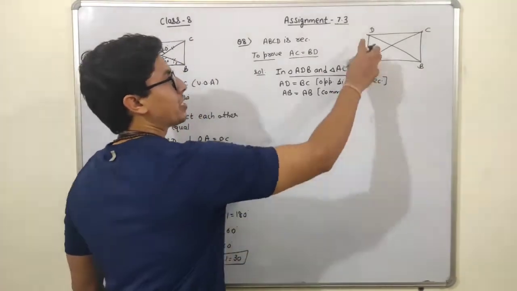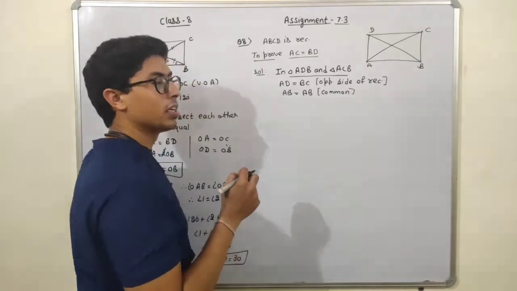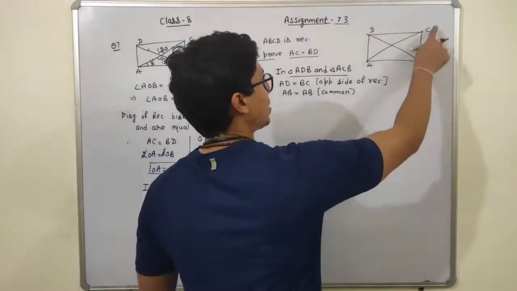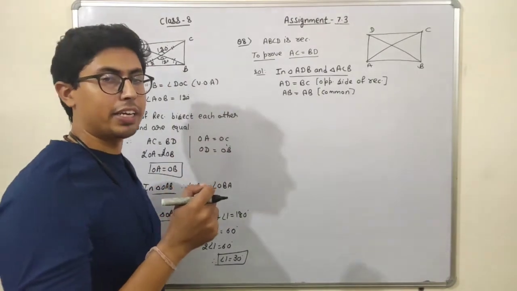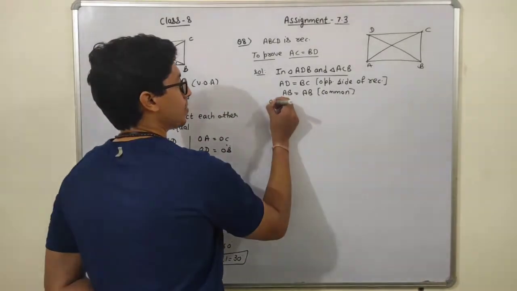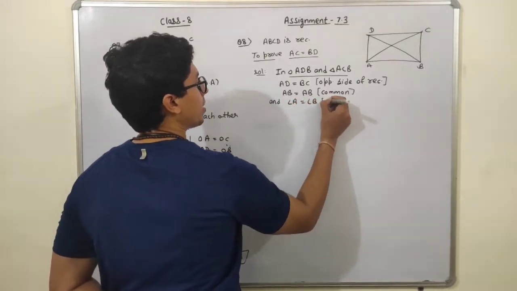Okay. And students, in triangle ADB, angle A is 90, and in triangle ABC, angle B is 90, because all the angles of a rectangle are 90 degrees. And angle A is equal to angle B, each 90 degrees.